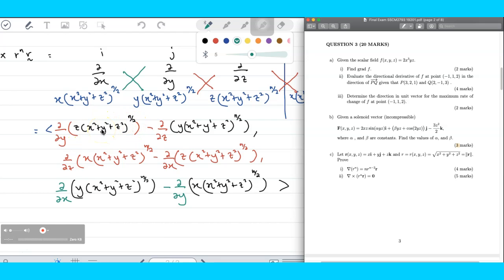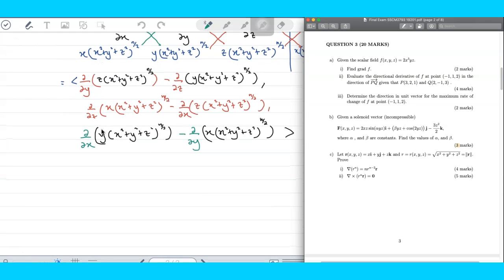So for del y of z times (x squared plus y squared plus z squared) to the power of n over 2, the answer is n over 2 times z times (x squared plus y squared plus z squared) to the power of n over 2 minus 1, and then 2y.